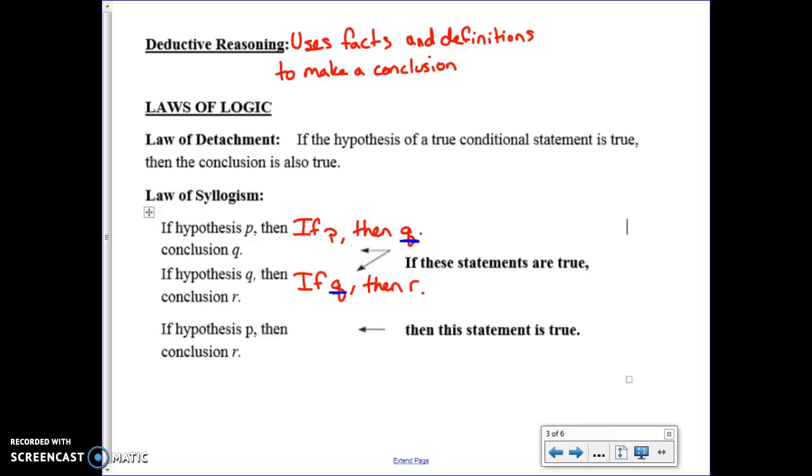It's in the then, and then it's in the if. Then in this last one, it says if P, which was our original hypothesis from back up at the top, then R. So we kind of just took out those Q statements and went straight from the beginning to the end there. That's what the law of syllogism looks like.